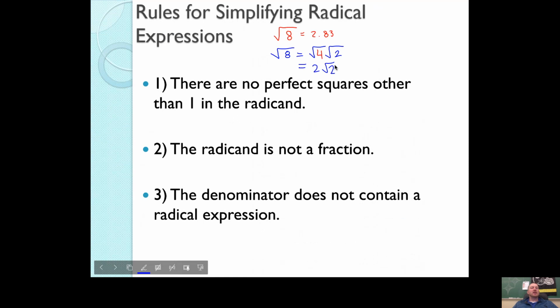So it's not going to simplify it at all. 2.83 is the same thing as this, but this is your simplest radical form. This is actually a rounded version of the exact answer. This is the exact answer. So this is a better representation of the square root of 8 than this is, because this is rounded.